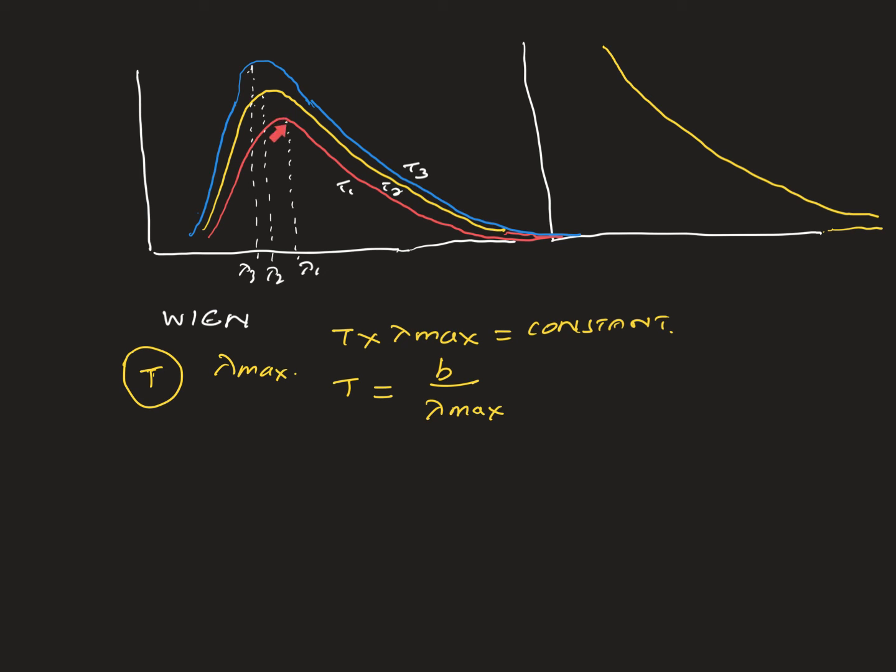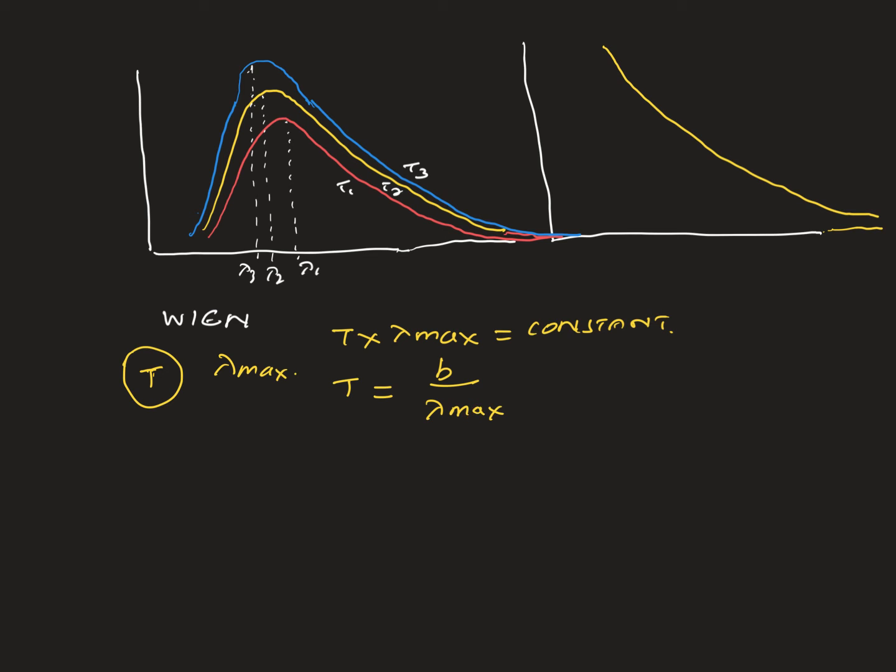So if you look at a spectrum from a star and you have this black body radiation curve, you find the wavelength at which you get the maximum intensity. So this is intensity, this is wavelength. Right here we got temperature T1 and we got lambda 1. If you want to find the temperature of the star, all you need to do is divide that constant by lambda max, the wavelength at which we got the maximum intensity.